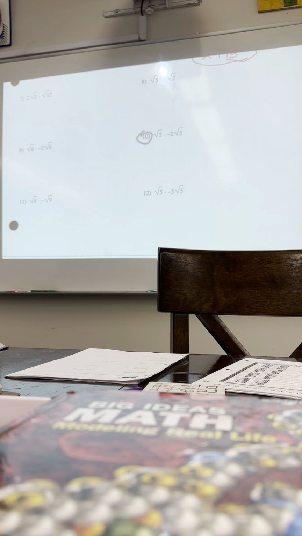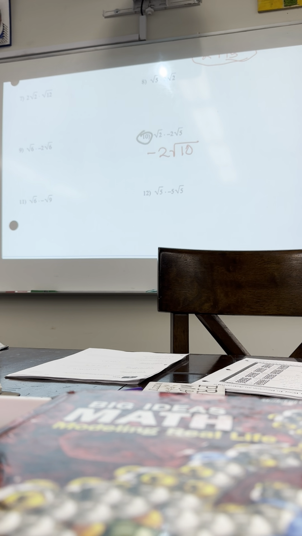So first you multiply the outside numbers, so -2 times 1, which is -2, and then you multiply the square roots, so it would be square root 10, and that's your answer, because you can't break down the square root of 10. But if you could, you pull it out, and whatever you took out, you multiply by that 2 on there, right?